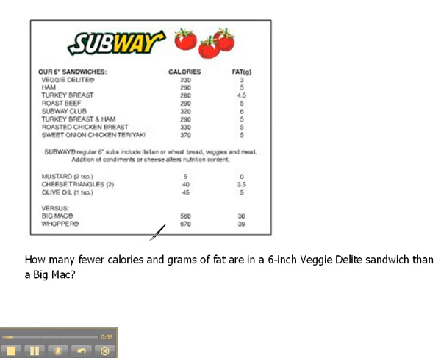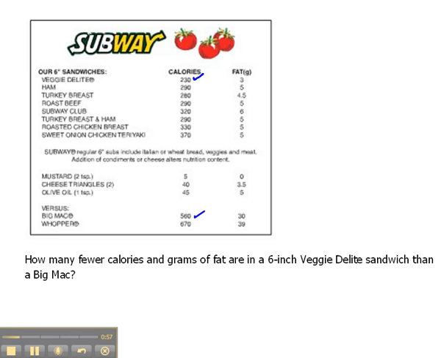So looking at this chart, now we're going to try and answer these questions. This question says, how many fewer calories and fat grams of fat are in a 6-inch Veggie Delight sandwich than in a Big Mac? Well, when we look, the Big Mac has 560 calories.